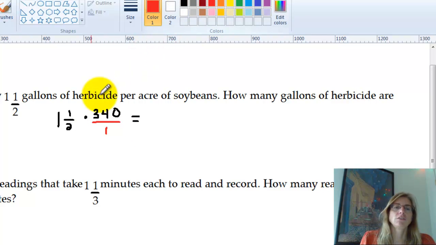And to change this mixed number, we do 2 times 1. We take the denominator times the whole number plus the numerator. So 2 times 1 plus 1. And we put that back over this denominator of 2.